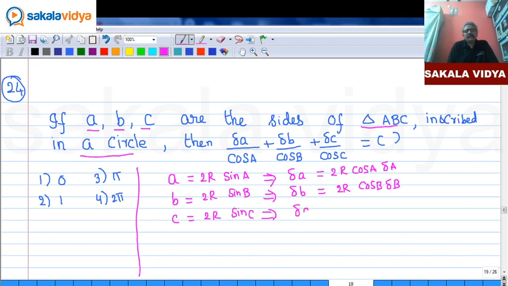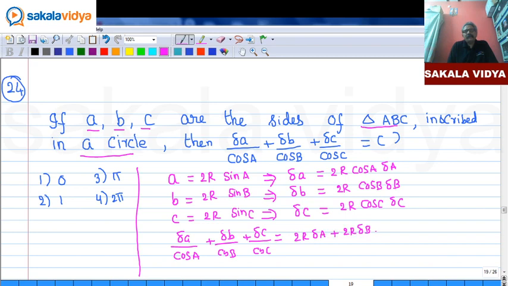Here delta c equals 2r cos C delta C. So, now add: delta a by cos A plus delta b by cos B plus delta c by cos C needs to be evaluated. That is equal to 2r delta A plus 2r delta B plus 2r delta C. With 2r common, we have delta A plus delta B plus delta C.